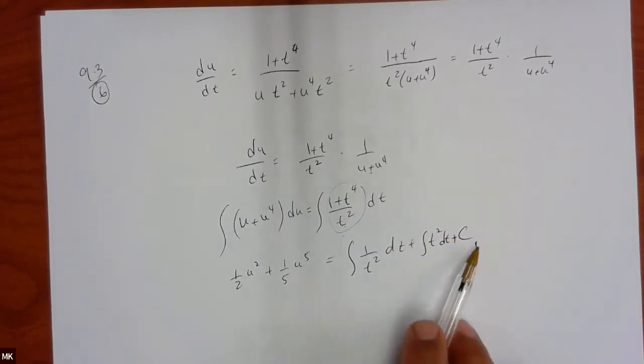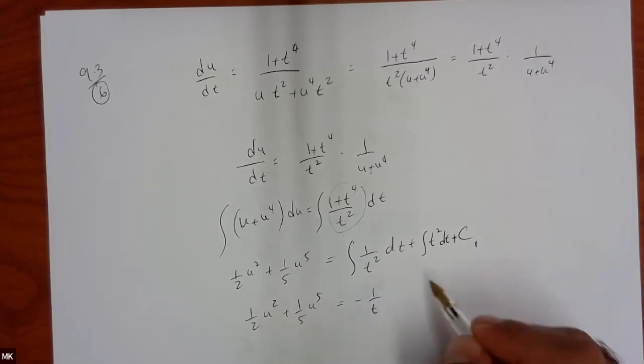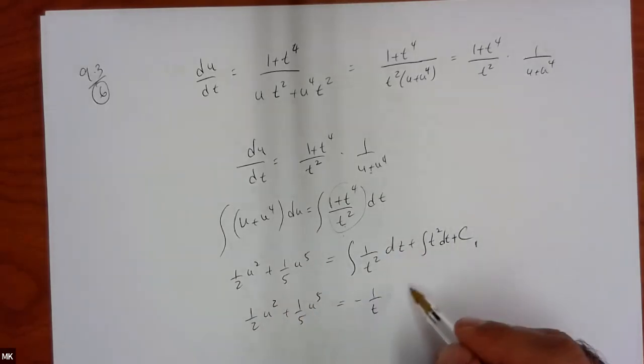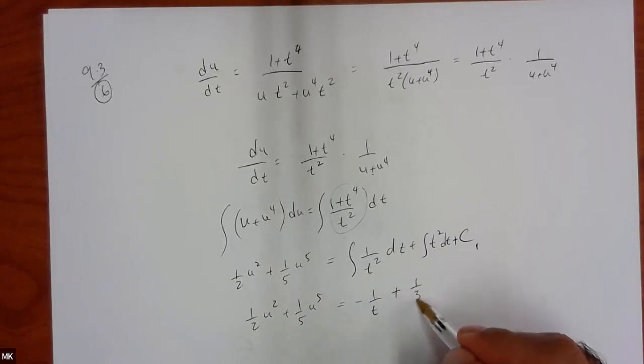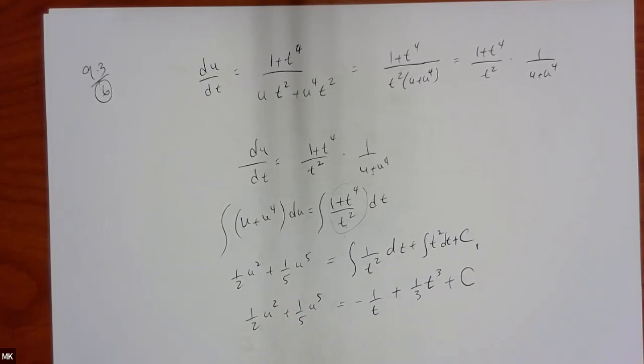So that C1 is from this integral. So 1/2 u squared plus 1/5 u to the 5th equals -1 over t plus 1/3 t cubed plus a c that includes all of this.